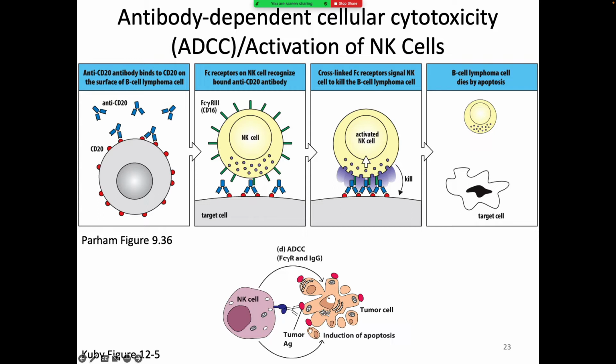So this is a way of activating NK cells using antibodies. You can see that the NK cell has Fc receptors on its surface, which are shown in green. And those Fc receptors can bind to antibodies that are on the surface of cells.